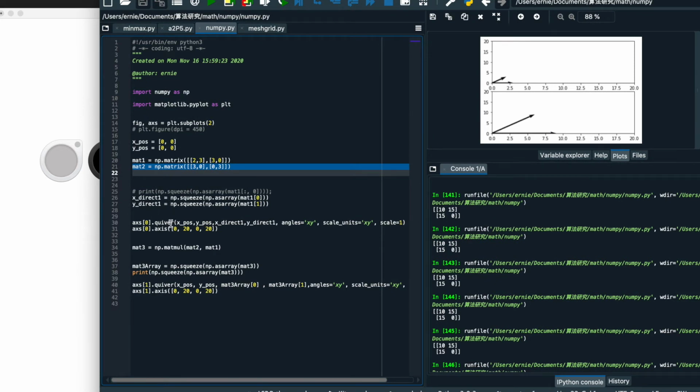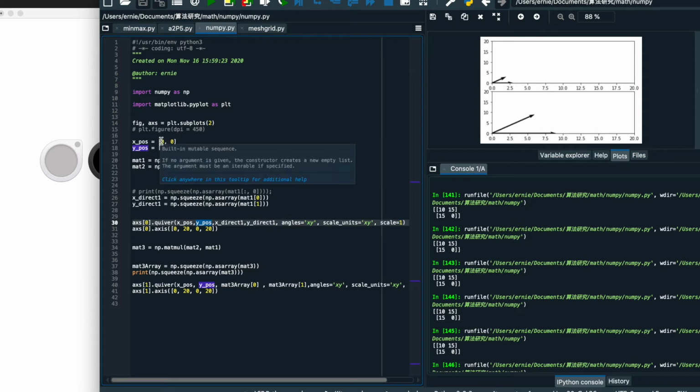First of all, we're going to look at this quiver function. We mainly have 4 important parameters. The first 2 are basically saying what the starting points of your vectors are. For these two vectors, my starting points are both at 0, so I have an array of 2 values.